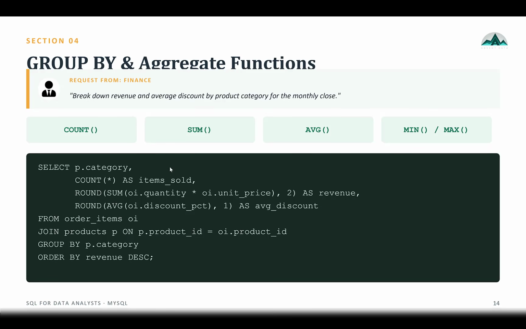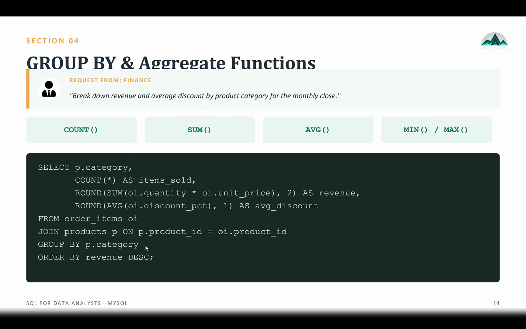Now, we did something similar here, but we weren't answering this particular question. So let's see how they would bring back this information. So all of these are aggregations: count, sum, average, min, and max.